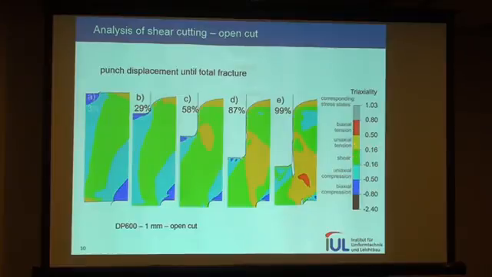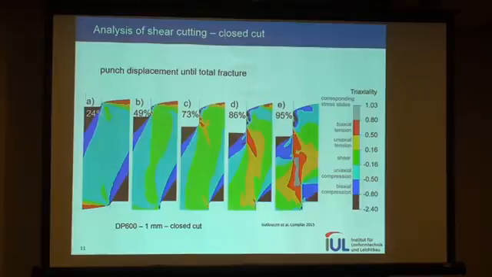Green is shear, yellow should be uniaxial tension, and so on. And nearly all of the process time we have shear dominance. Compared to the closed cut, we have much more compressive stress states, and the continuous shear band only exists for a short time during the complete process.